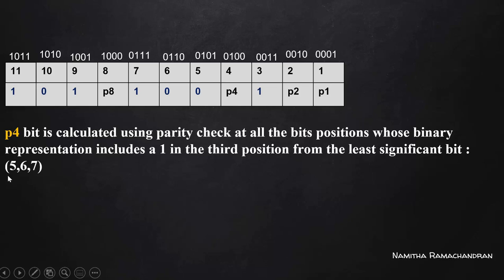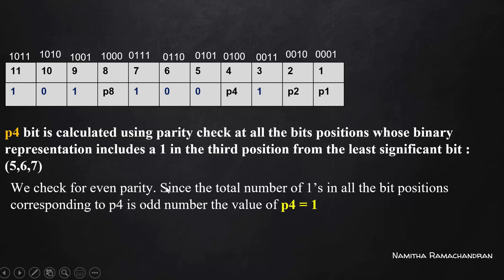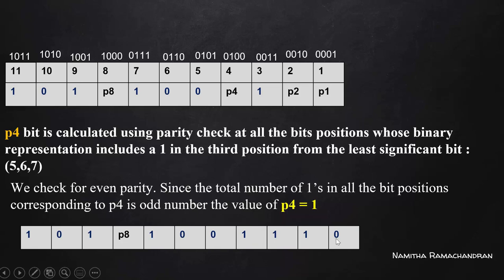Okay, so we need to consider the value present at 5, 6 and 7. 5 with value 0, 6 with value 0 and 7 with value 1. Okay, so here the total number of ones in these locations is an odd number. In order to make it an even number, we need to set for this P4 a value 1. Okay, so this is the status after setting value for this third redundant bit.